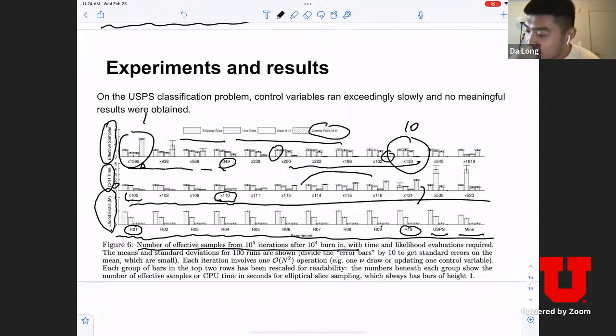But as the dimension gets higher, the control point MH CPU time is larger than the elliptical slice sampling and the line slice. And also the effective samples, they are almost 0.